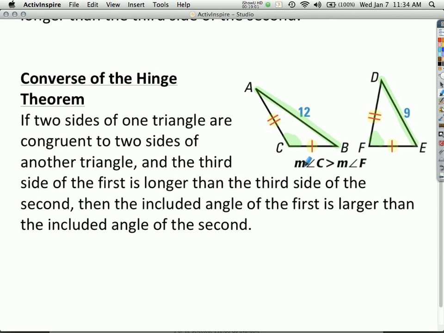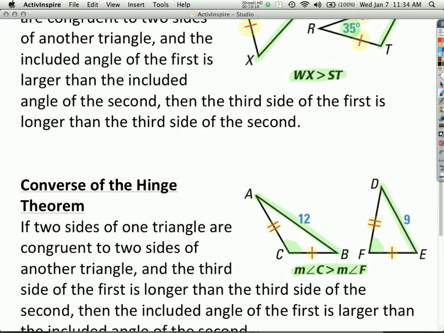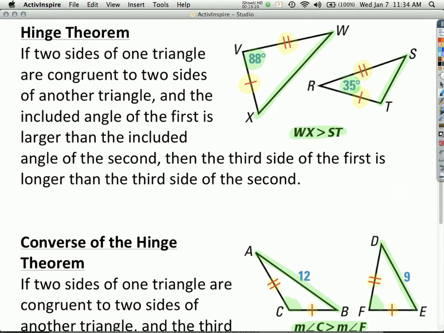And you see that expressed in this statement right here. So that's the converse of the hinge theorem. From now on, I'm just going to say the hinge theorem, but sometimes I'll be referring to the converse, sometimes to the original form. So does anyone have any questions on the basics of the hinge theorem or the converse?